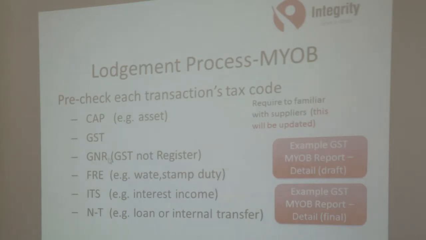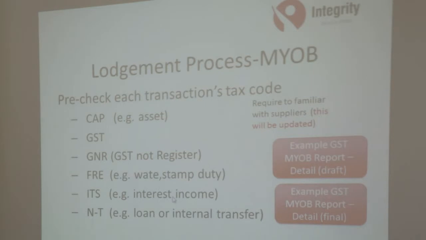For GNR, some entities didn't register for GST, so we will choose this one. It's 0%. For FRE, some items are GST free, for example water, stamp duty, and some overseas purchases. So we'll choose this one.